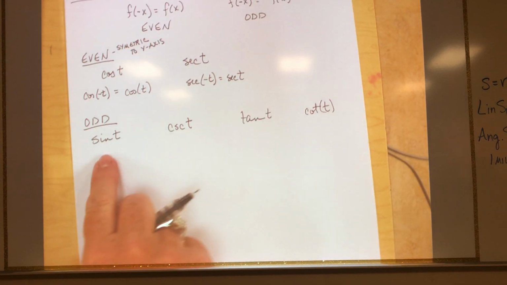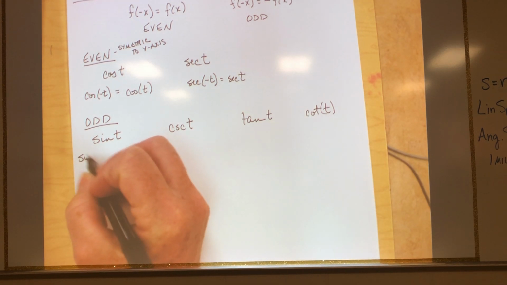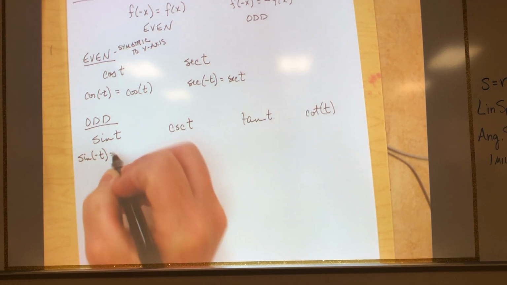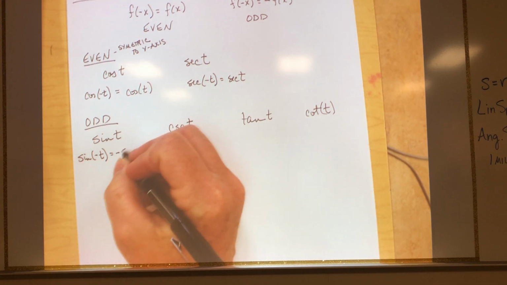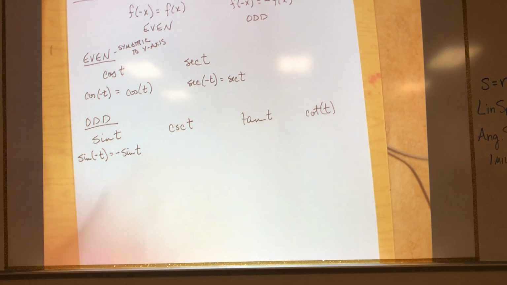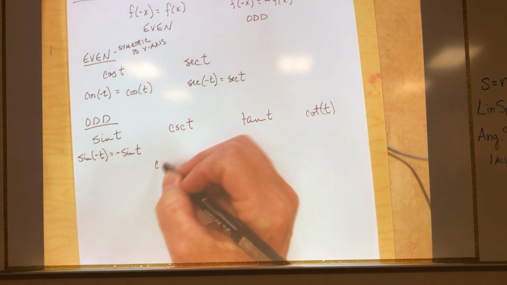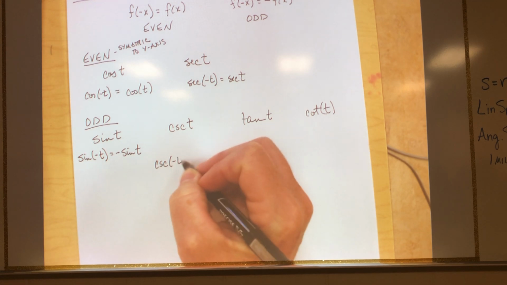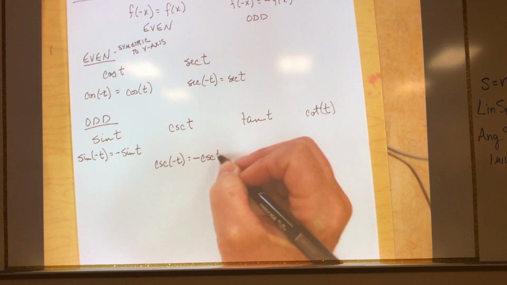All right, let's talk about what this says. This says that the sine of negative t is equal to what? The negative sine of t. He just pulls out front, that's all he does. This one right here says that the cosecant of negative t is equal to the opposite of the cosecant of t.